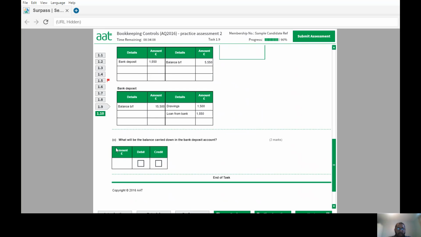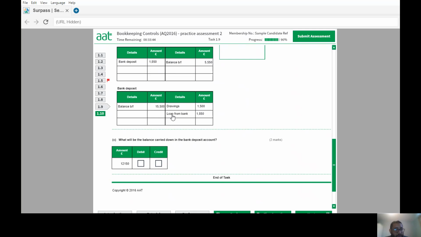Okay, and the last entry, what will be the balance carried down in the bank deposit account? So let's look at the bank deposit account quickly. It has a 15,500 debit balance. Take away both of my payments, 1850. I will have 12,150 pounds. But is that going to be balance carried down, isn't it?